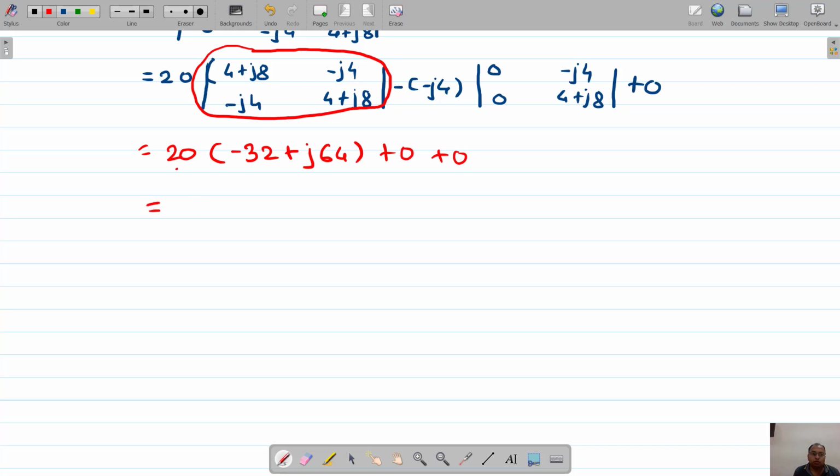So 20 into 32, how much will it be? It will be minus 640. Am I right? So minus 640 plus, now what about this one? It is going to become j1280. Am I right? Yes.